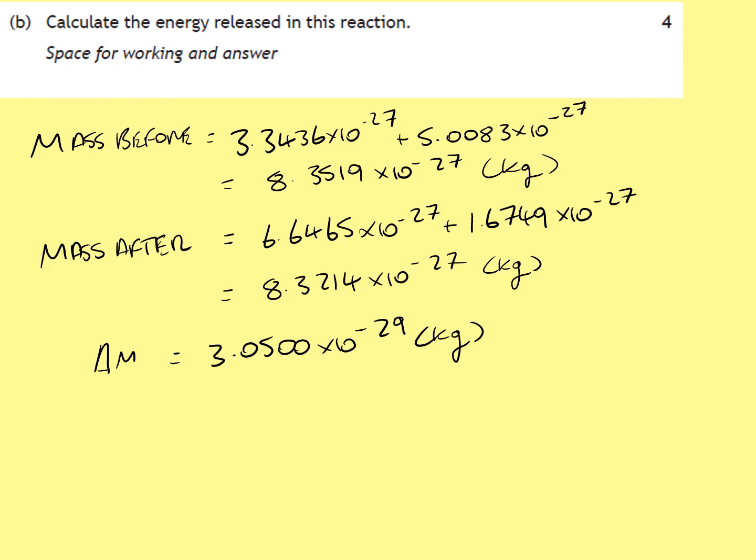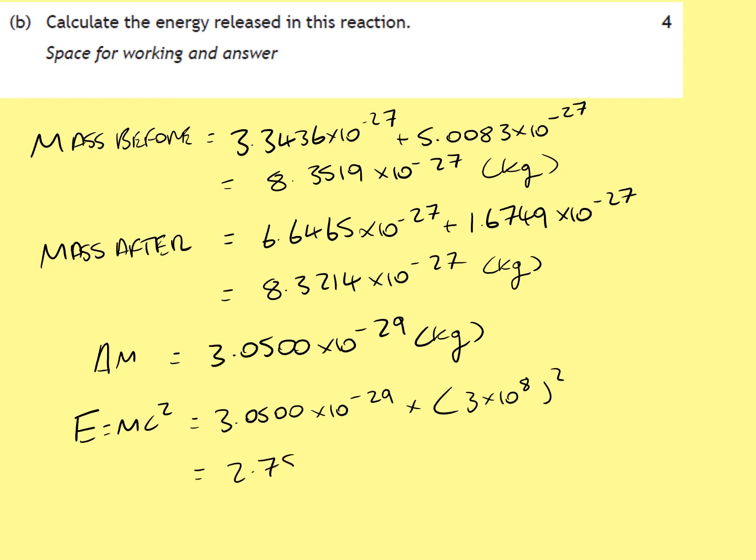We use the equation E is equal to mc squared, which is equal to 3.0500 times 10 to the negative 29 multiplied by the speed of light squared, 3 times 10 to the 8 squared, which is equal to 2.75 times 10 to the negative 12 joules.